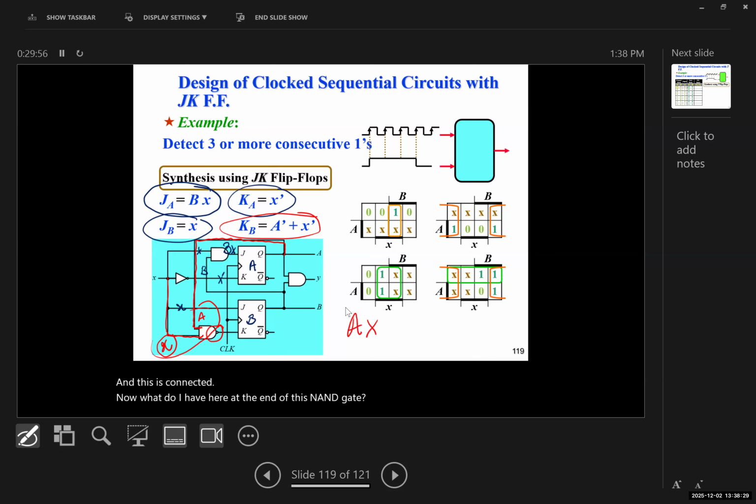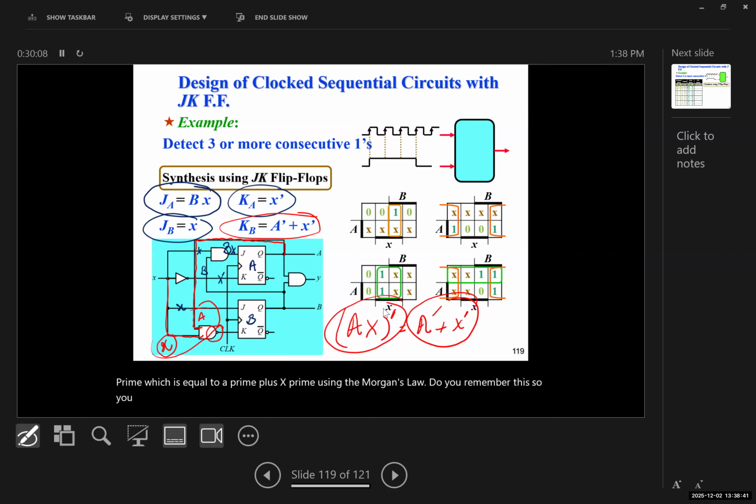I have AX bar prime, which is equal to A prime plus X prime, using De Morgan's law. You remember this? So you can build it either way, just using one NAND gate, or you can use two NOT gates and an OR gate. The easy way is just using one NAND gate. Again, this is equal to AX bar.